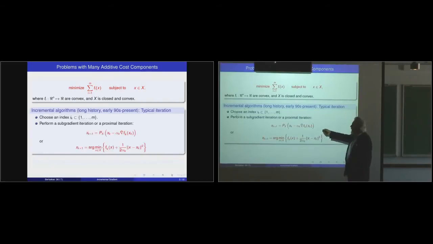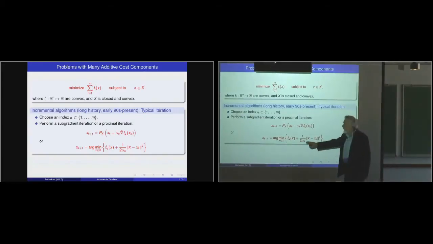You choose at the kth iteration an index, a single component out of those, and you perform either a subgradient iteration or a proximal iteration using that component only, okay? So here's a gradient iteration, but restricted to that component, and avoiding all the overhead associated with calculating the subgradient of the sum.